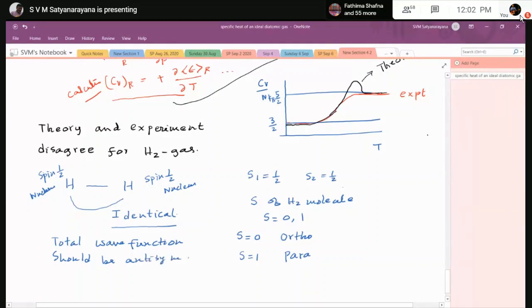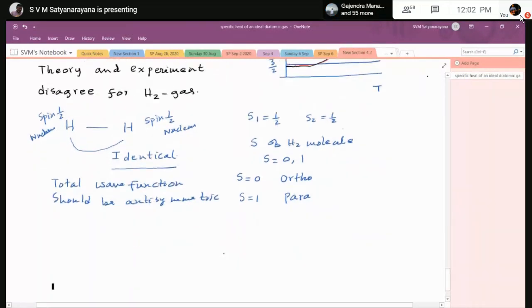Now we are actually going to proper, deep quantum ideas. Now the point is that we are looking at when the vibrational degrees of freedom are already frozen. When you look at the S is equal to 0 state, it is a spin antisymmetric state, a singlet state.